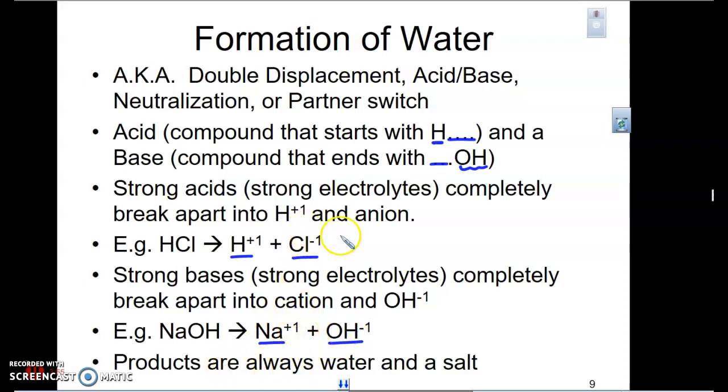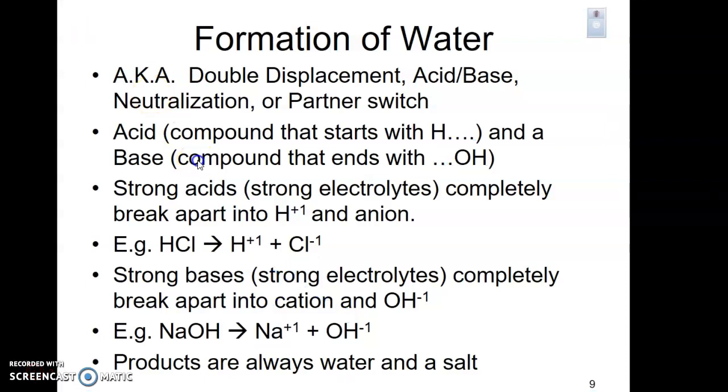Now, when these two do a double displacement, it's going to be a salt. Now that is salt, but it's some kind of salt, an ionic compound. And water, hydrogen and hydroxide to form water. So what's unique about an acid-base reaction is it's always going to be some sort of salt, which is a cation and anion, together with HOH.